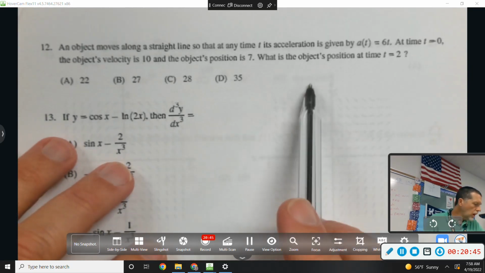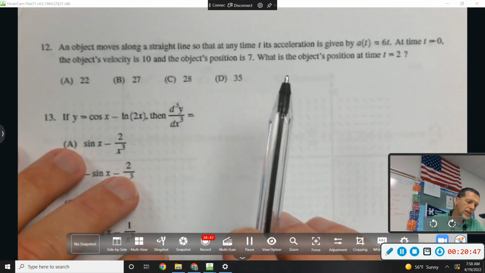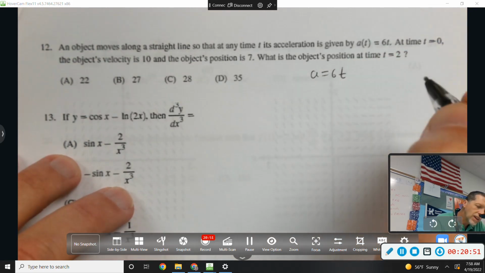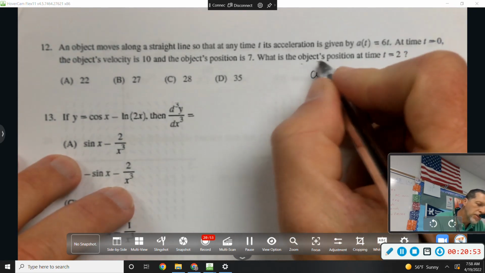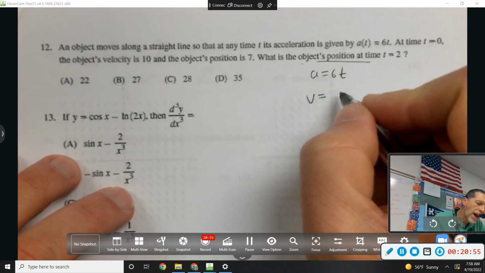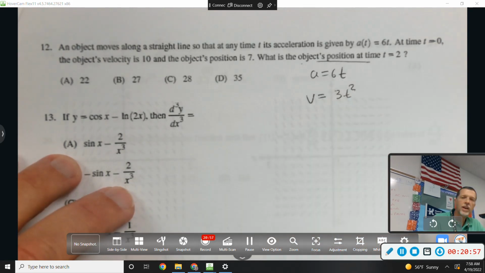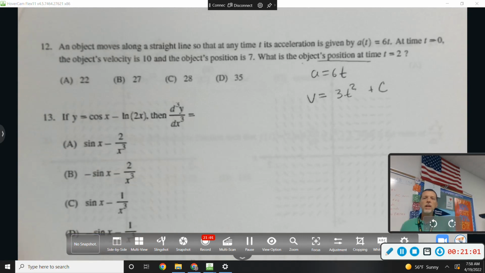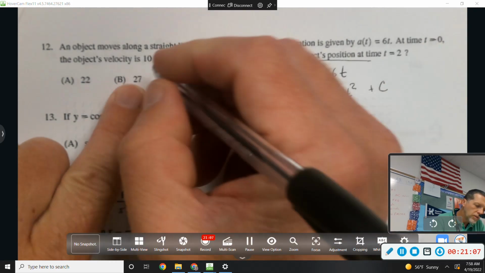A lot of you got 12. Acceleration is 6t, and it wants to know about position. So I need to back up, like take antiderivatives here. Take an antiderivative to get to velocity. But it gives me, at time 0, velocity is 10.